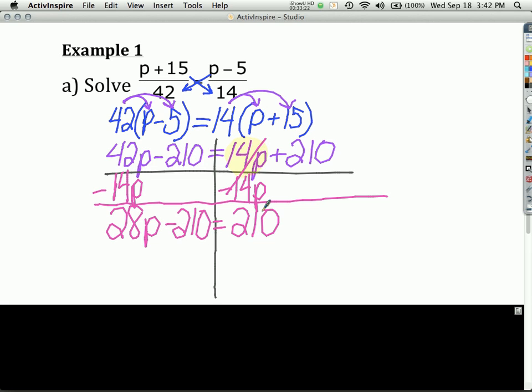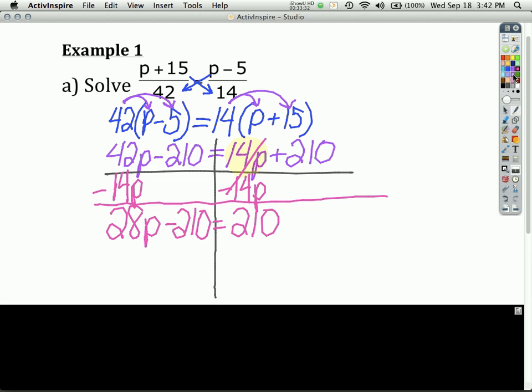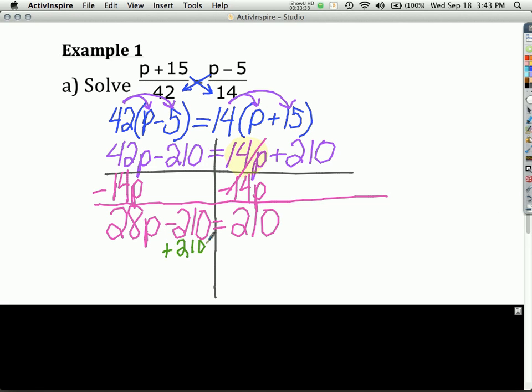How many steps do I have left? Matthew? 2. What do you think is next, Alexandra? You're at 210 side. Very good. Add 210 to both sides.